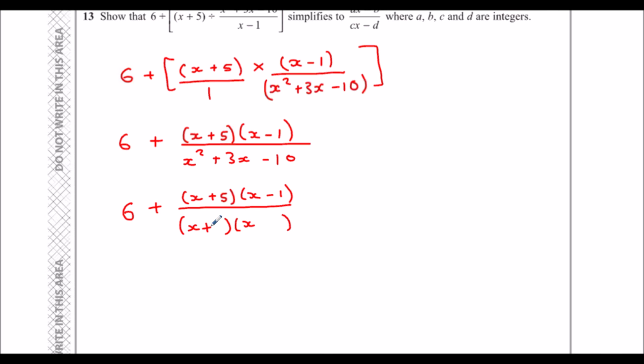So we're going to have a plus 5 take away 2. A positive 5 and a negative 2. They multiply to make negative 10 and add to make a positive 3. Now we can simplify our fraction. We can divide top and bottom by x plus 5. So what's left? 6 plus x minus 1 over x minus 2.